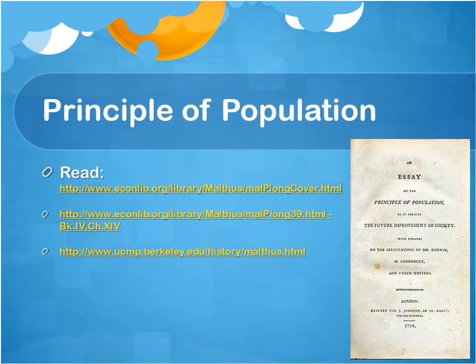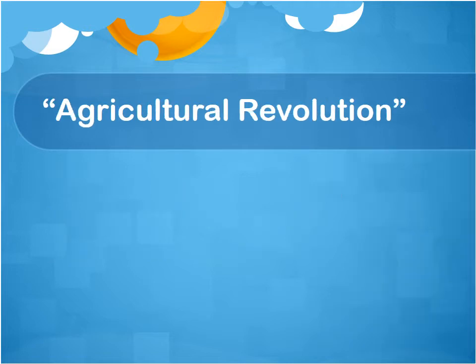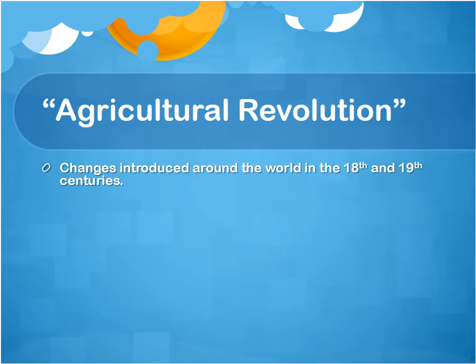So now, needless to say, Malthusian analysis and the Malthusian predicament had a high impact when it happened in the beginning of the 19th century, but then this agricultural revolution came about, and there were changes introduced around the world in the 18th and 19th century that allowed agriculture and food production to grow at a much faster rate than Malthus had predicted.